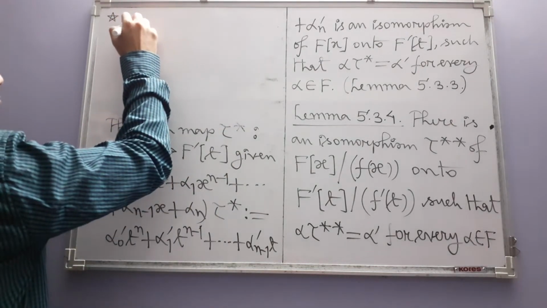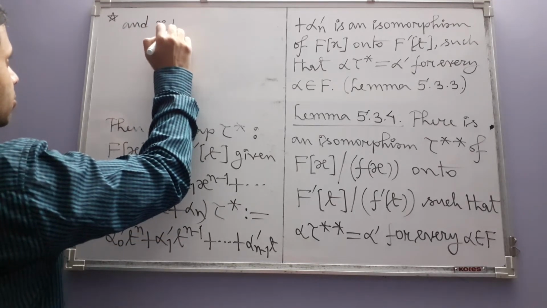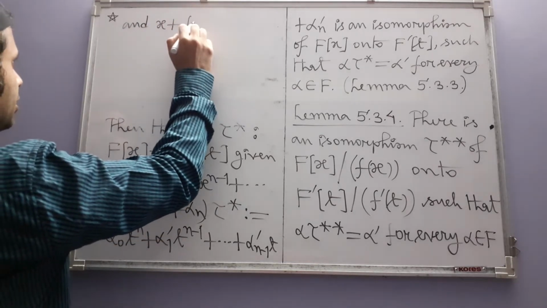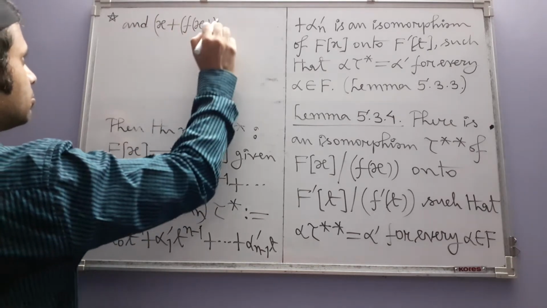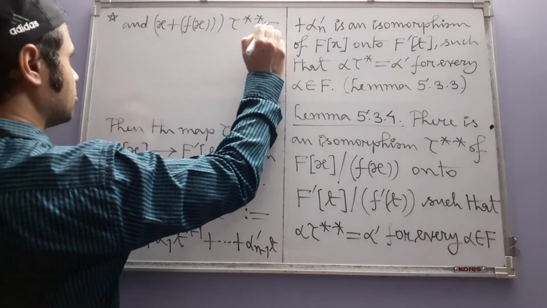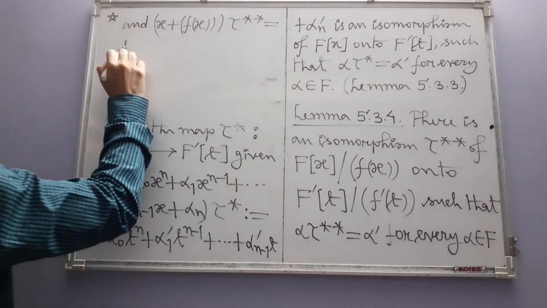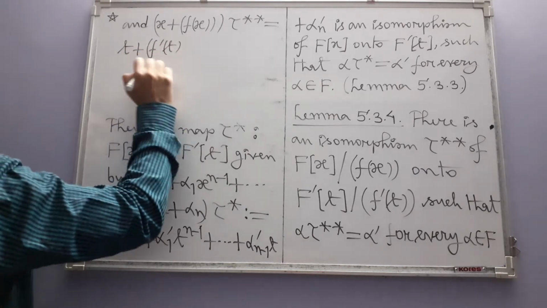And this may look quite complicated, but we will decipher everything slowly. This is equal to t plus f prime t.